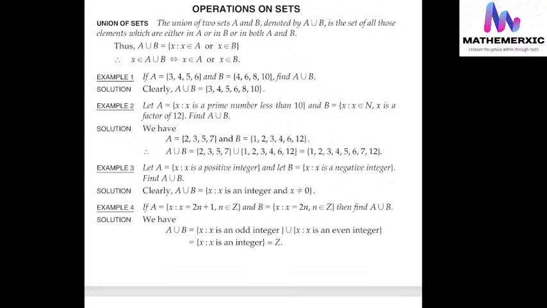Close the bracket here. We need to find A union B. So for A we have the prime numbers 2, 3, 5, 7. For B we have the factors, so obviously we can write all of them, and the union will contain all of these together.